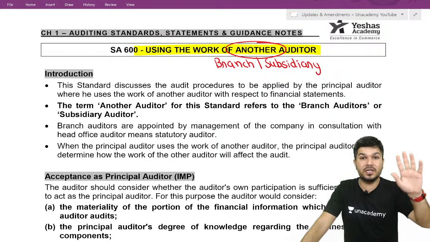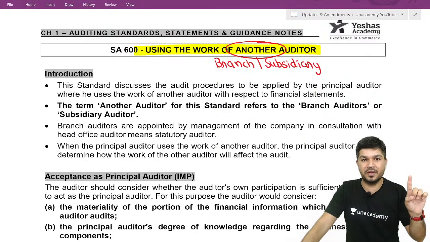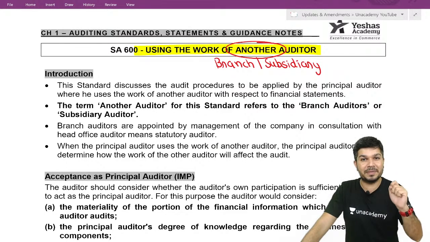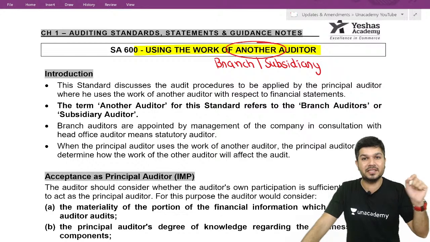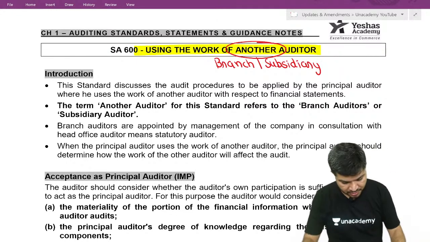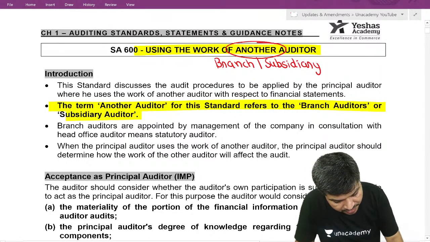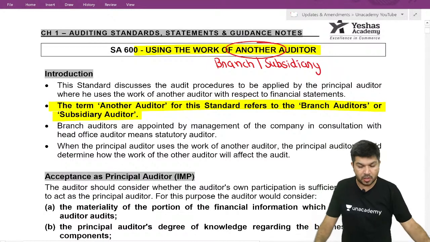Does SA 600 apply in case of joint auditors? No. For joint auditors, we have a separate standard, that is SA 299. So this is only for branch auditor and subsidiary auditor. Another auditor as per this standard refers to branch auditor or subsidiaries auditor.